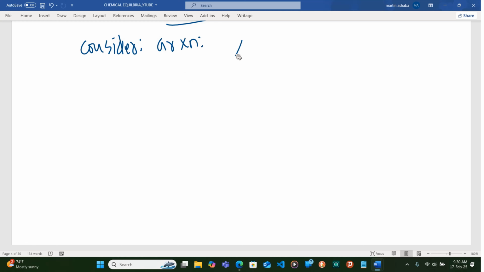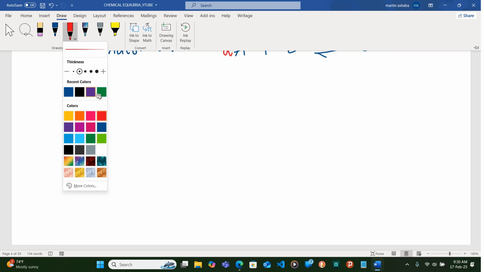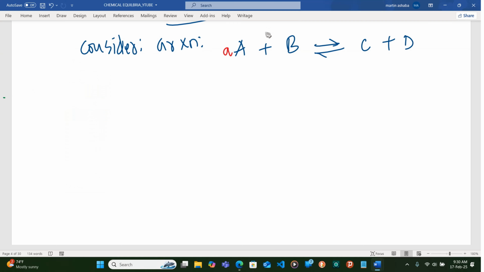So we have A plus B giving us C and D. We are going to add the stoichiometric factors. So here we have a, here we have b, here we have c, here we have d.